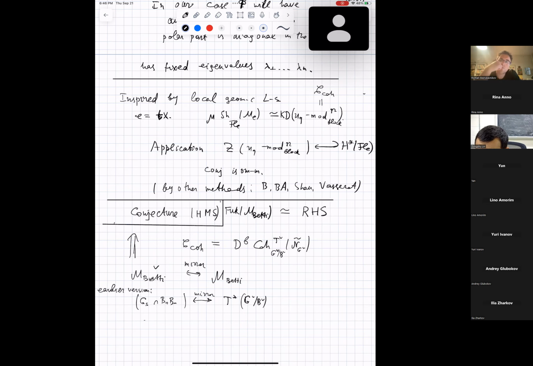Let's see. It's analogous if indeed I think about this affine Springer fiber as a Lagrangian skeleton, whatever it means. So you have microlocal shifts supported on the skeleton, yeah? Yes.